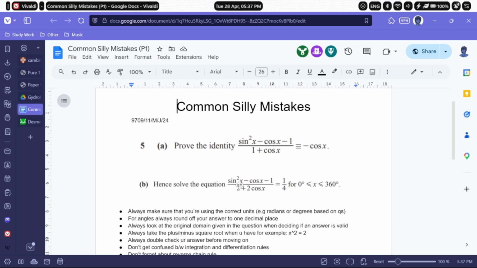They just look at 1 over 4 and start by equating the identity above to 1 over 4. But that's not always the case. In these types of questions, sometimes there could be some factor by which the identity is being multiplied, or even in the argument, it could be something like sin 2x, for example.